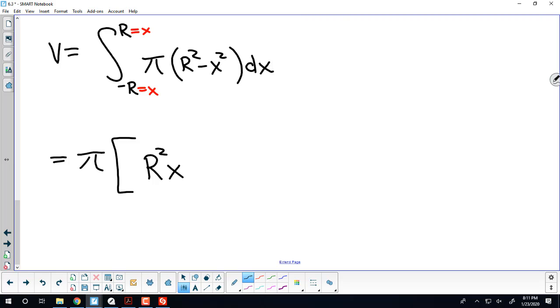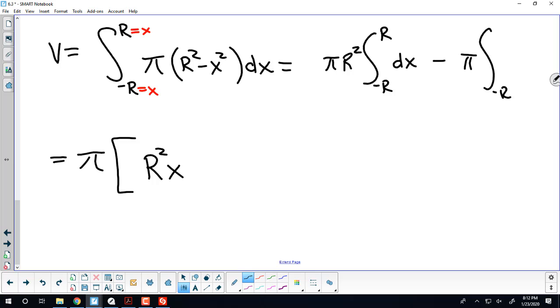You could pull that out, but you need to have two integrals here. You'd have the integral of pi R squared dx minus pi times the integral from negative R to R of x squared dx.